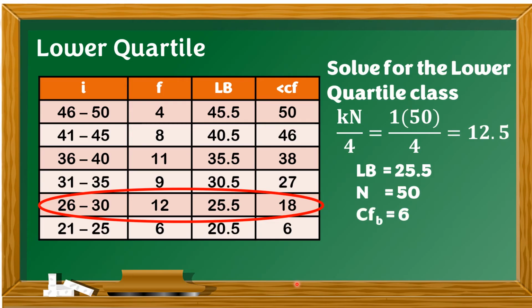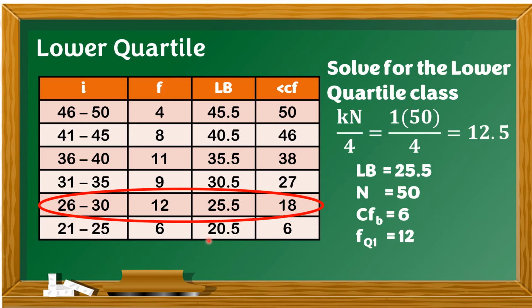Next is the cumulative frequency below the lower quartile class, which is 6, so CFB is 6.